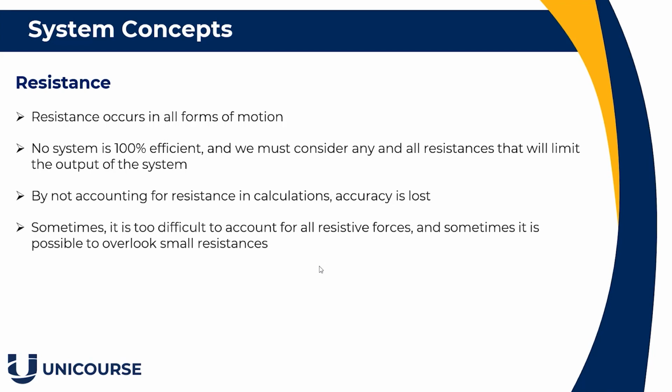Now sometimes it's not always easy to take account of it, and the small resistances, in the micro, nano range and so on, may not be able to be seen, but we have to make some allowances because these could affect the control of the systems running.